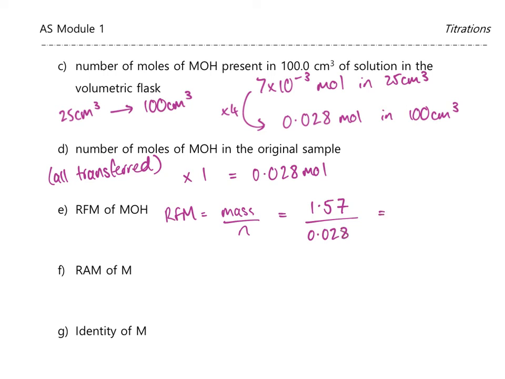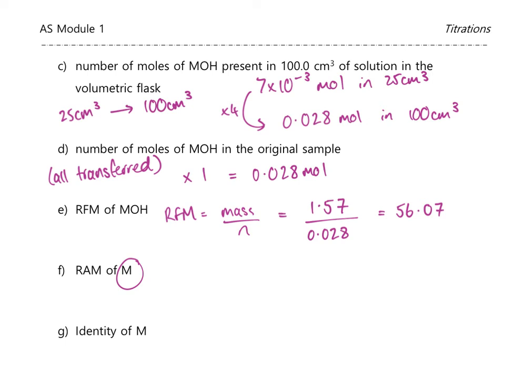If you put that into your calculator, you should get 56.07. So that gives you the RFM of the overall metal hydroxide, but what we're interested in is just the relative atomic mass of the metal, and therefore we can work out from that the identity of our metal.